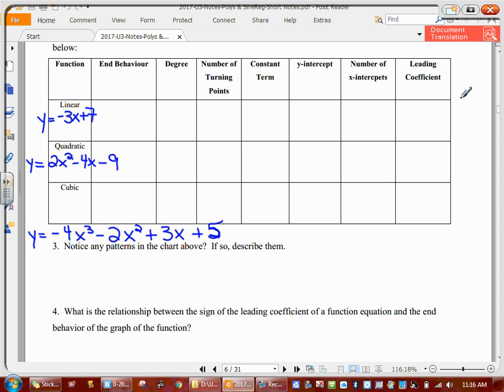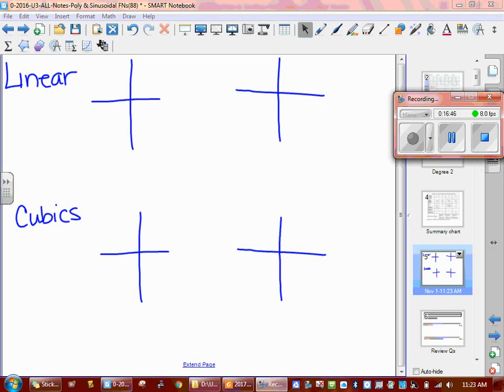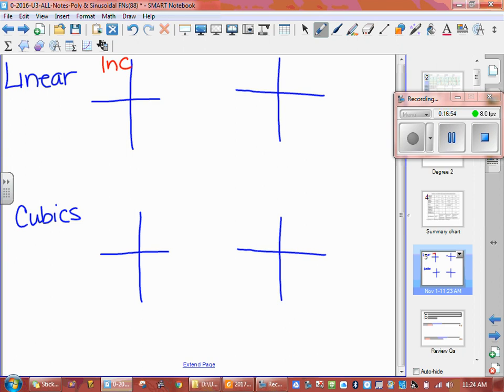Okay, a few features of our linears and cubics we're going to go through. We're going to talk about end behaviors. So we have increasing functions or decreasing functions. An increasing function for a linear doesn't matter where you put it. Same thing for decreasing.